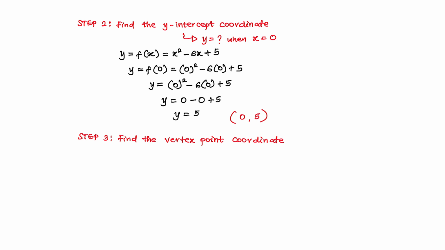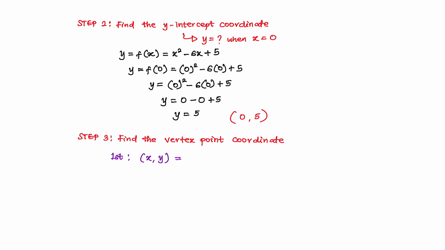To find the vertex point coordinate, the vertex point coordinate has a formula. The formula can be written in two different forms, but they actually mean one and the same thing. The first possible form is: the vertex point is, like every coordinate, an x comma y system.